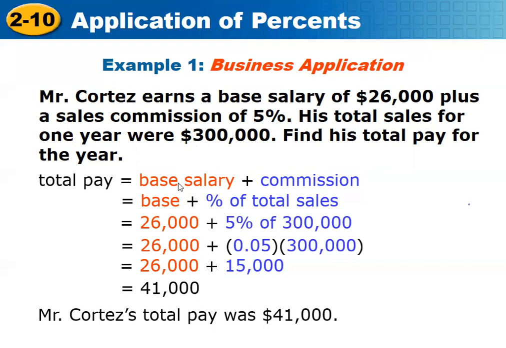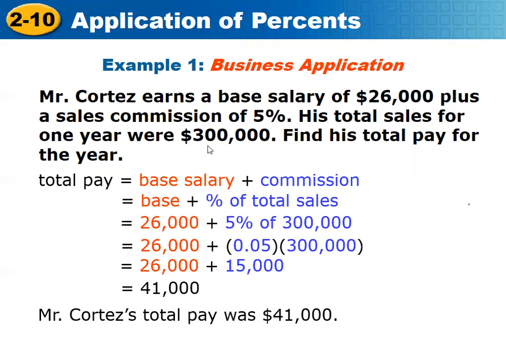For example, Muhammad and Ahmed are working in the same place. They have a base salary of 26,000. But at the end of the year, they earn 5% commission on their sales.